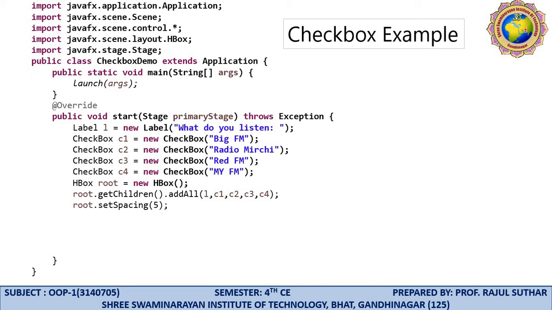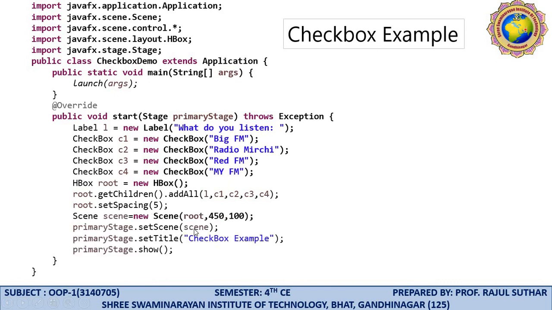Then HBox root is equal to new HBox, root.getChildren().addAll with objects c1, c2, c3 and c4, root.setSpacing, scene is equal to new Scene(root, 450, 100), and this is the title, checkbox example.